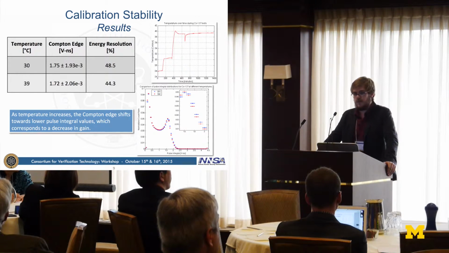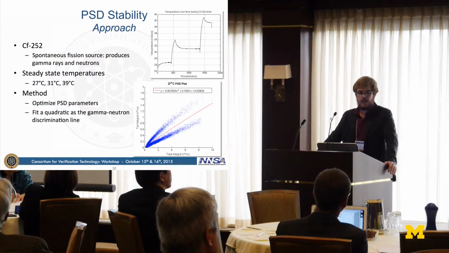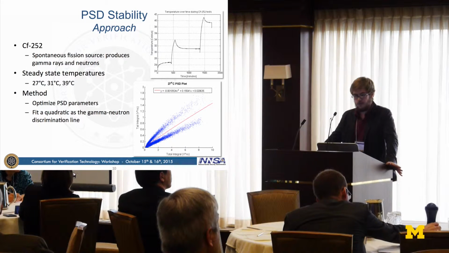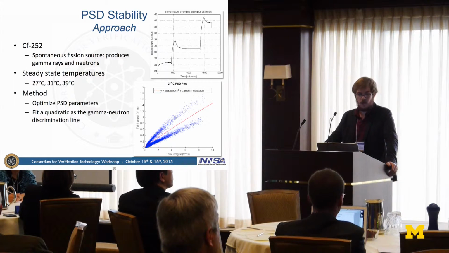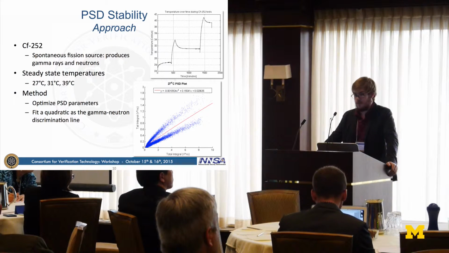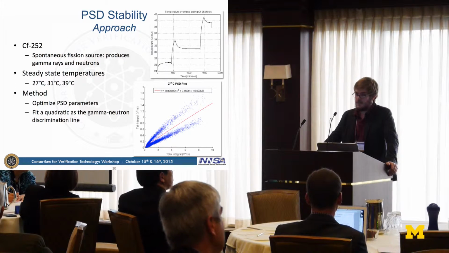For the PSD stability tests, we used californium-252, which as a spontaneous fission source emits both photons and neutrons. Here the steady state temperatures were at 27 degrees, 31 degrees, and 39 degrees. In the bottom right of the screen there's an example PSD plot.